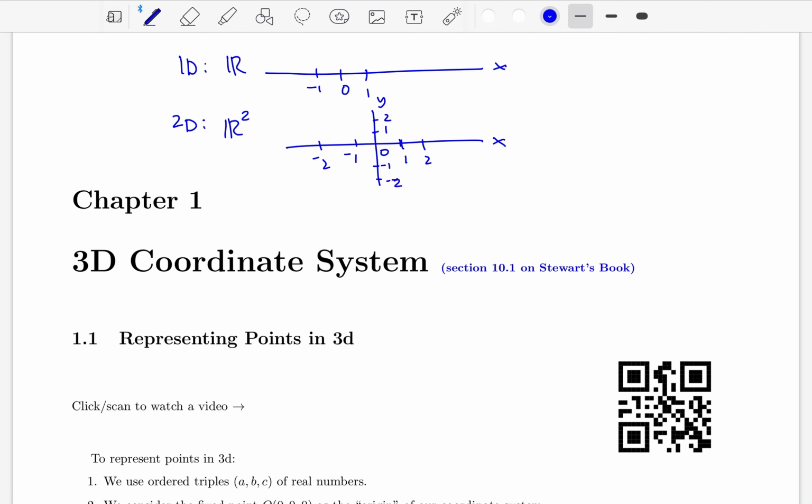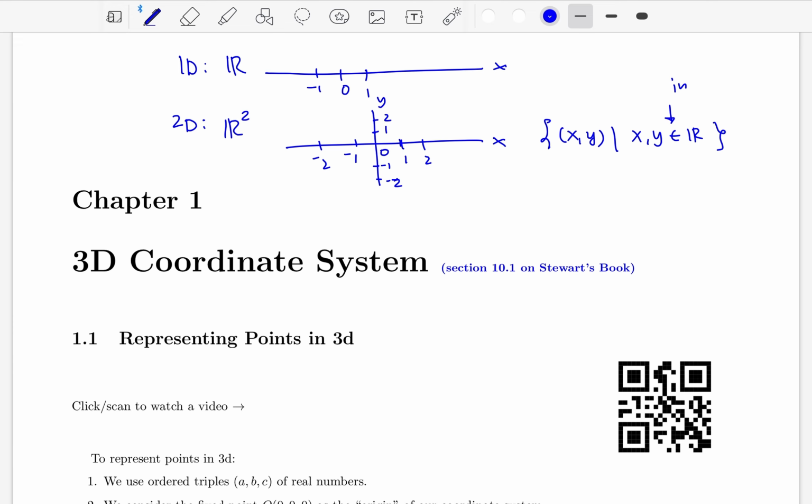You can actually define this using sets. This is going to be the set of all ordered pairs (x, y) such that both x and y are elements of the real numbers. This epsilon here represents "in."